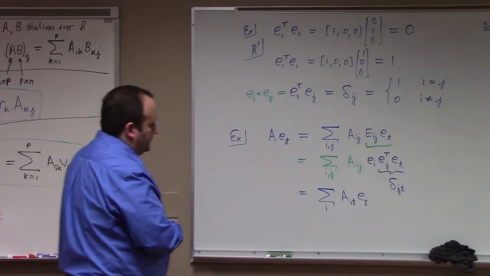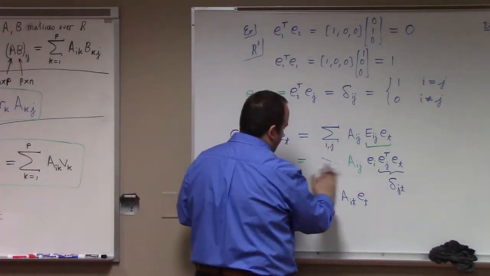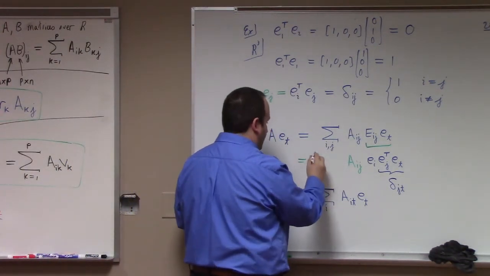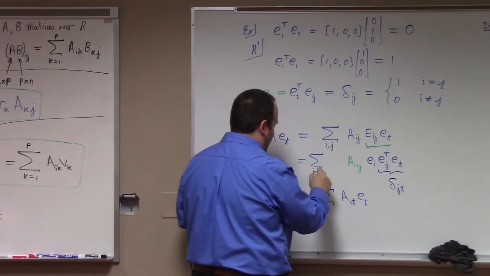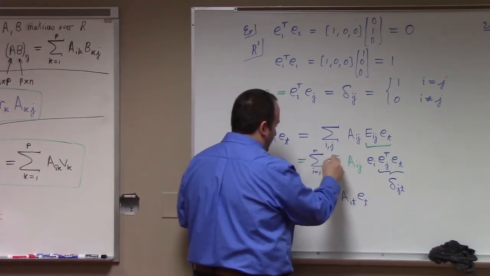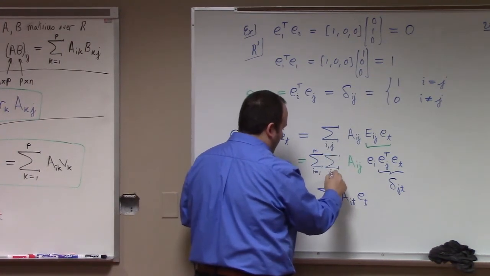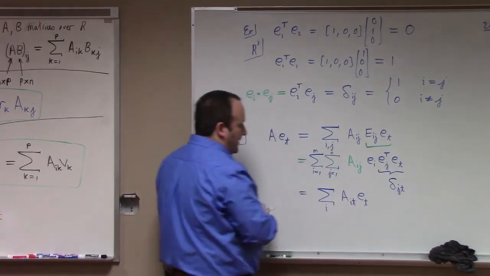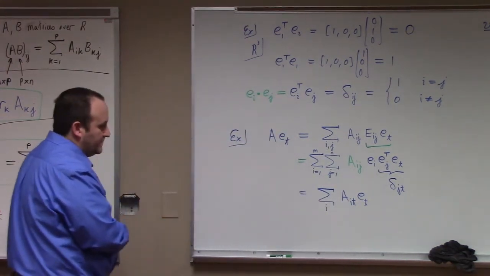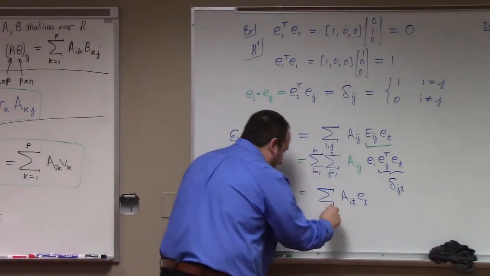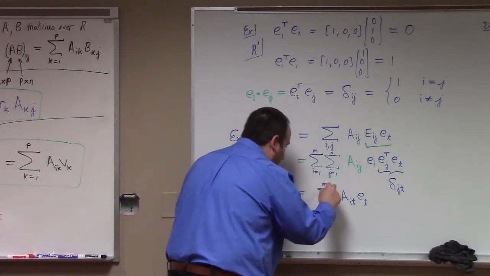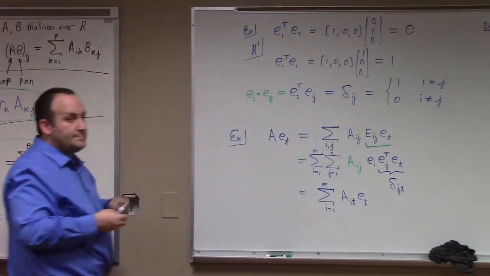So to be more detailed, this is the sum I equals 1 to, let's say, m. This is the sum j equals 1 to n. It's the summation over j which is getting killed by that Kronecker delta. This is sum I equals 1 to m. What is that, though?